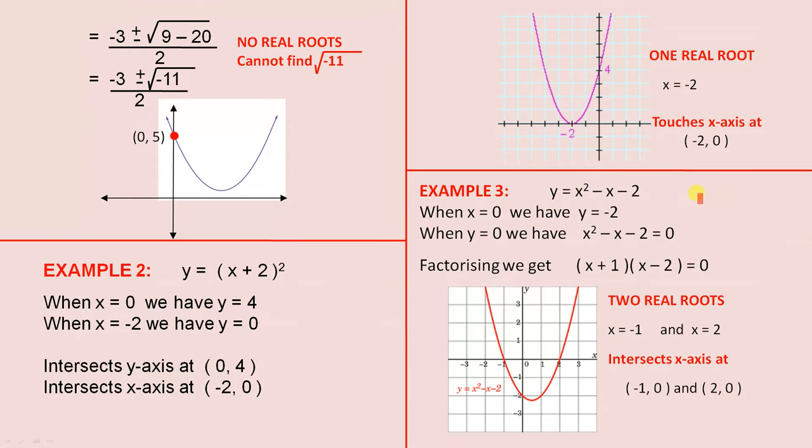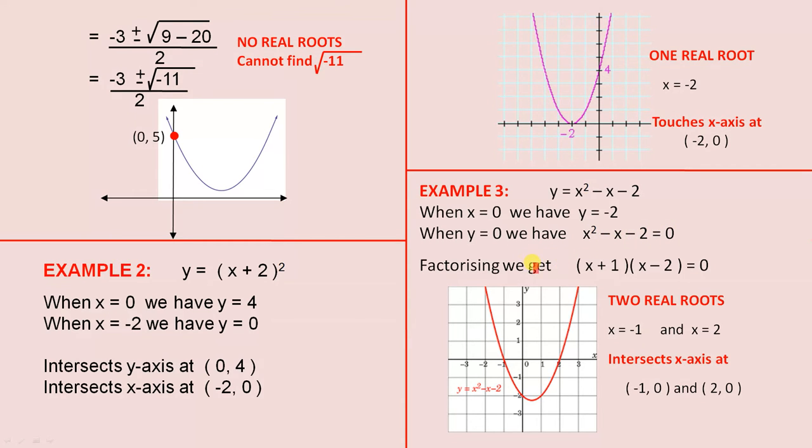Example 3, y equals x squared minus x minus 2. When x equals 0, we have y equals minus 2. In other words, it intersects the y-axis at 0, minus 2. When y equals 0, we have x squared minus x minus 2 equals 0.